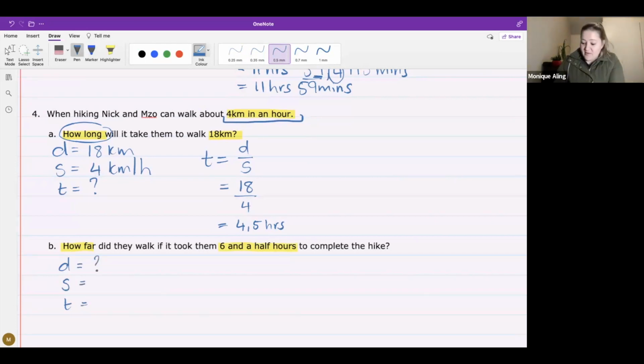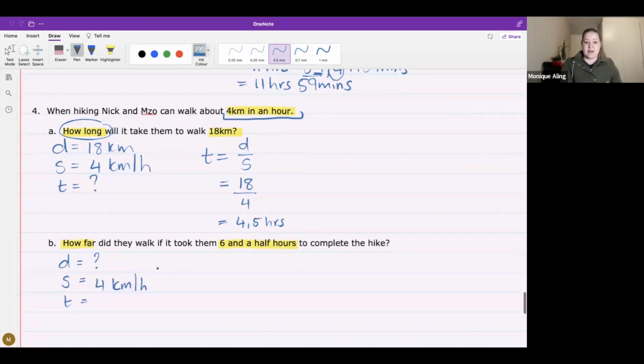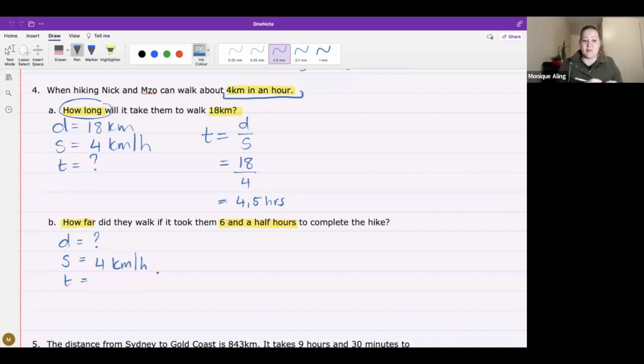So for question B, we're working out the distance. We have the same speed again, and we have time. I'm going to leave that to you as well. Remember, time needs to be in hours only. Loving the confidence, Leander.